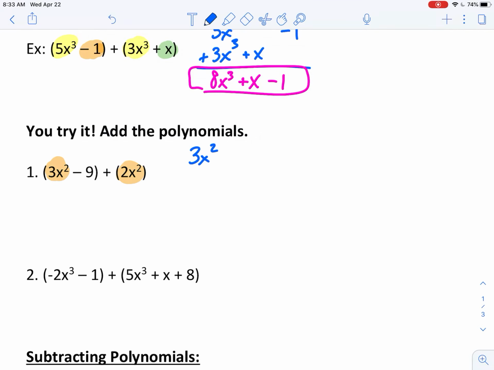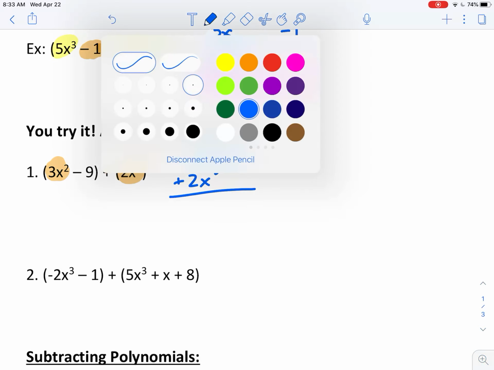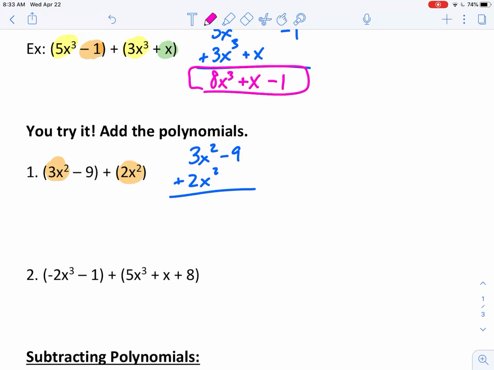All right, I'll try number 1 with you, and then I want you guys to pause the video and try number 2. So let's see, what like terms do I have? I've got 2x squared and 3x squared, and this negative 9 is all by itself. So I've got 3x squared minus 9 plus 2x squared.